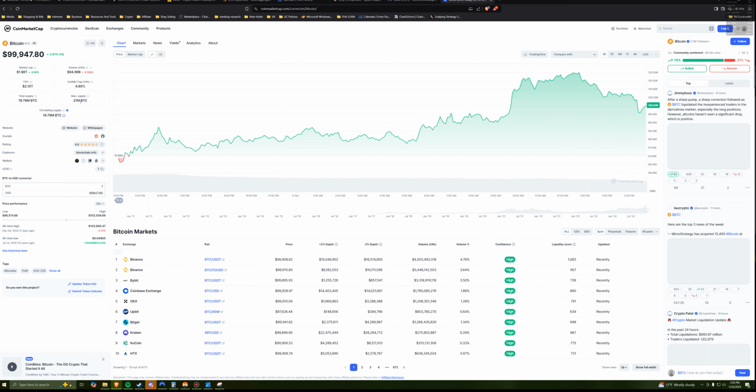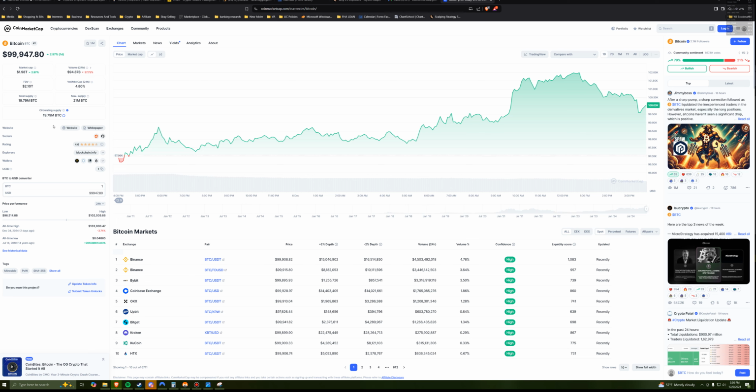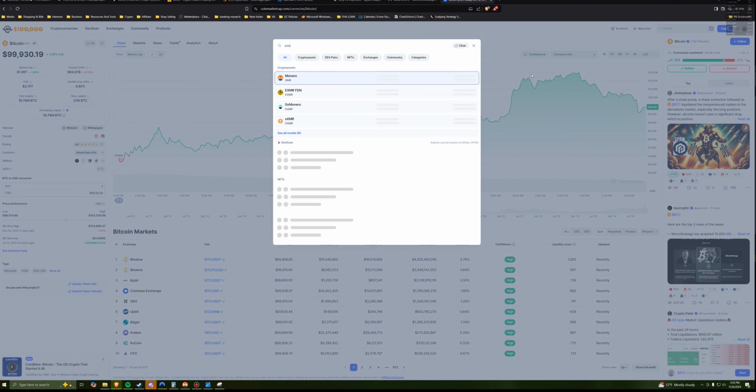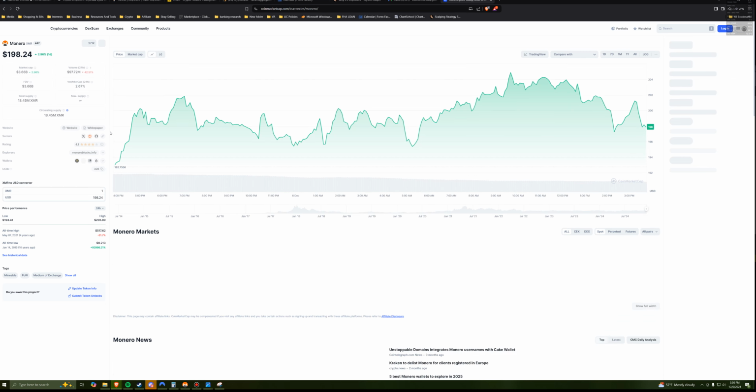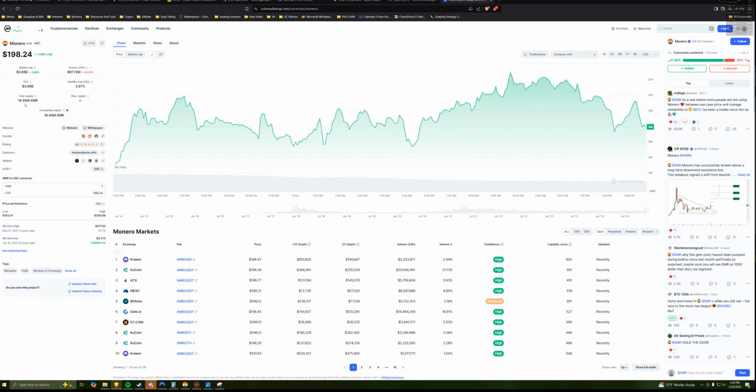Max supply 21 million. Circulating supply 19 million. Then we go look at Monero. Circulating supply 18.45 million. So there's even less than that of Bitcoin, but yet it's a fraction of the price.